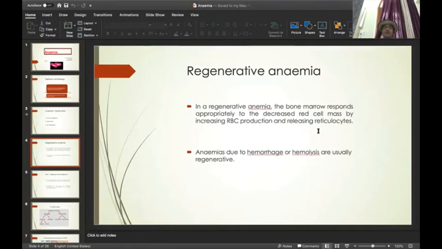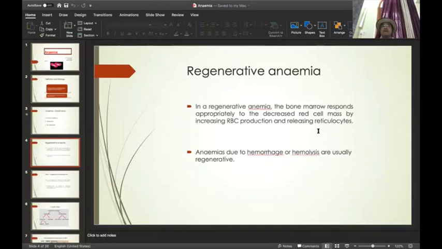Once there is some problem in a city, the police go to counteract. If a large police force is required, we have to supplement it from some other source, for example NCC. So the immature ones, the NCC person, the home guard, act as reticulocytes during an emergency condition.